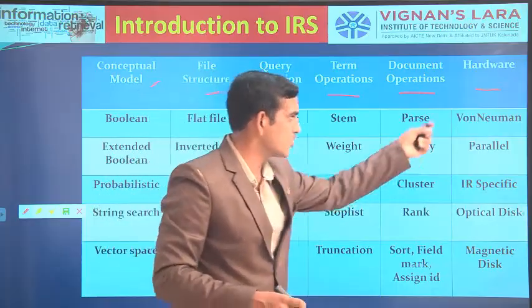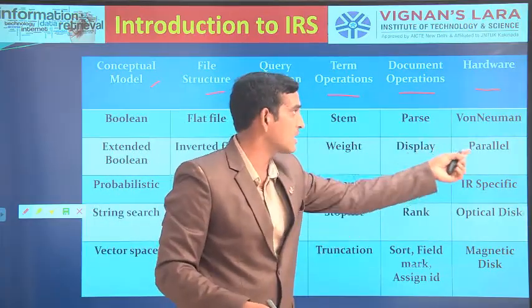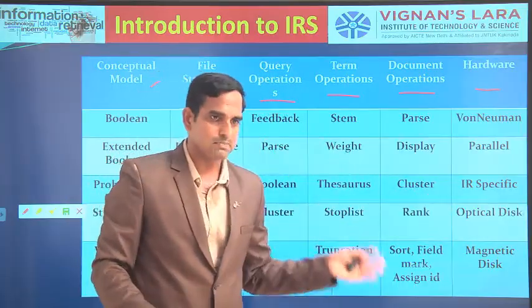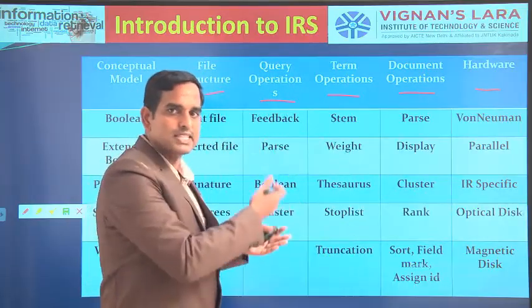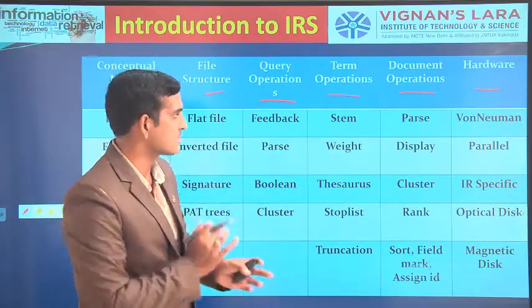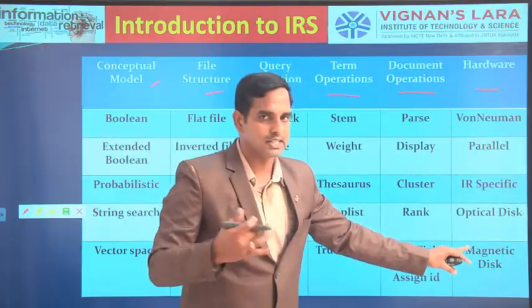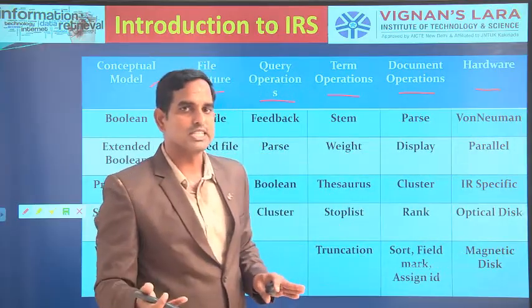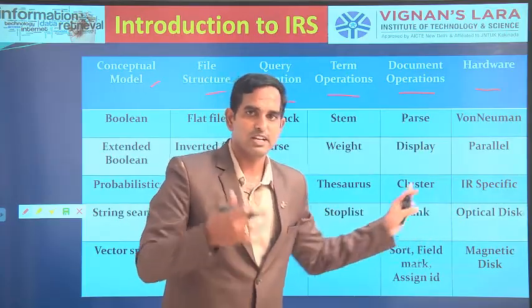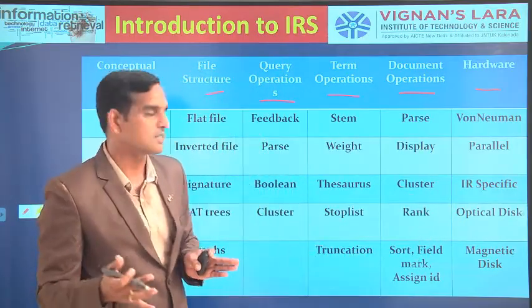That is, what is the von Neumann architecture, what is the parallel hardware you can use, what is the IR specific hardware, optical discs, magnetic discs. Okay, what are these things present as hardware in a particular information retrieval system? That is, all these things can be present. Various information retrieval systems will be using these particular techniques for implementing the hardware in your IR systems.